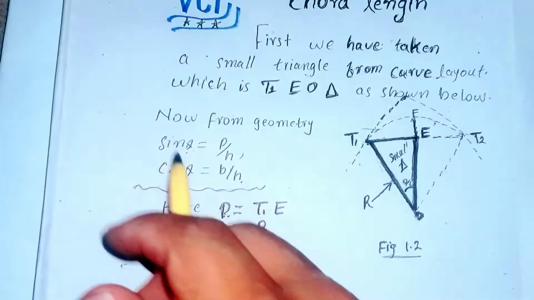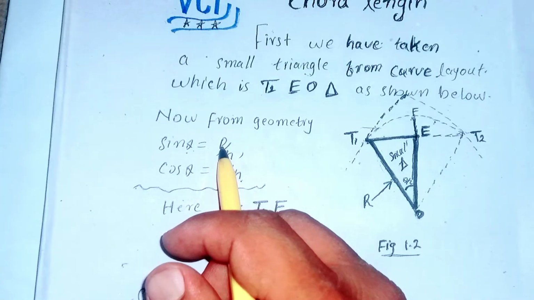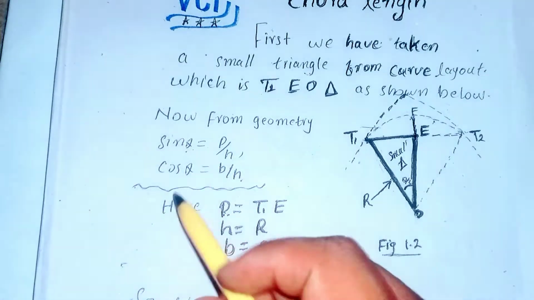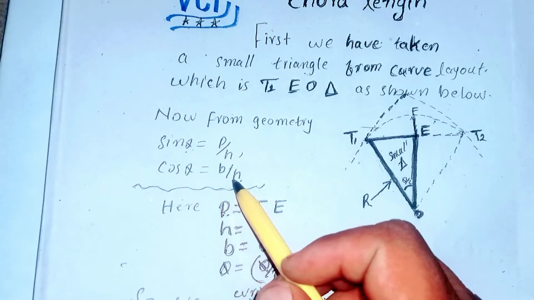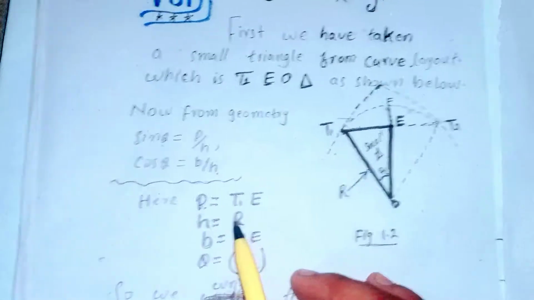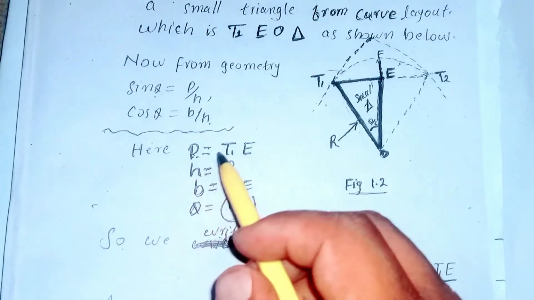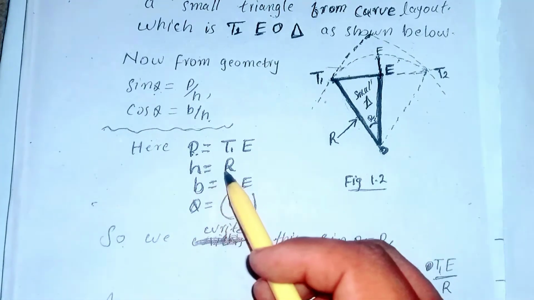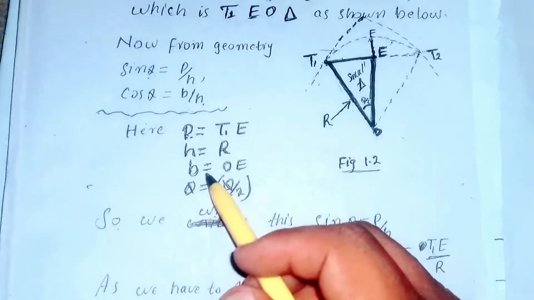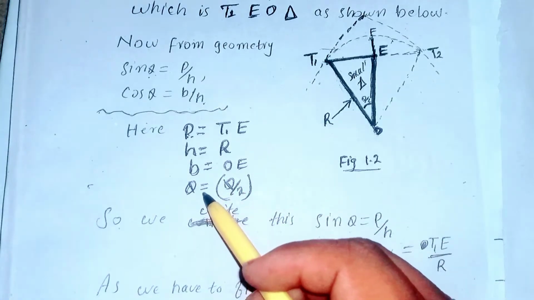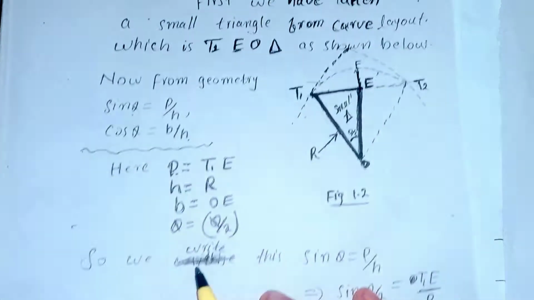Now from geometry, sin theta is equal to perpendicular divided by hypotenuse, and cos theta is equal to base divided by hypotenuse. According to this triangle, P is equal to T1E, H is equal to the radius, B is equal to OE, and theta is equal to theta divided by 2.